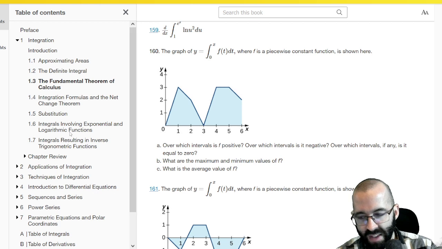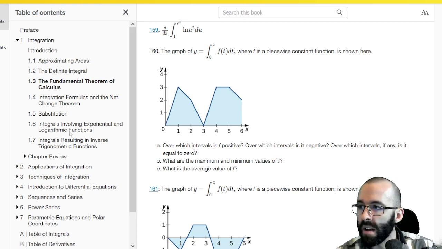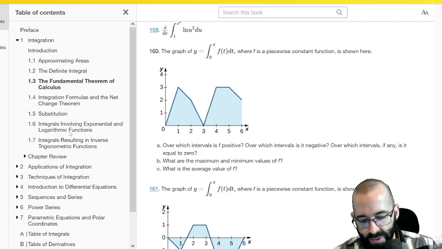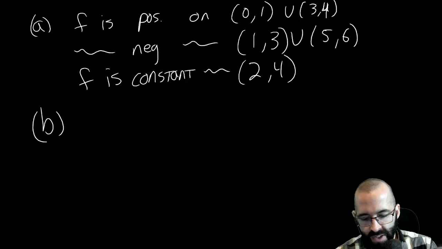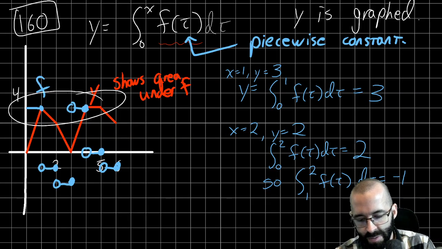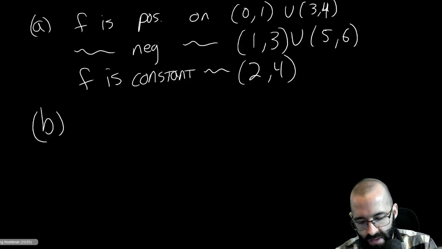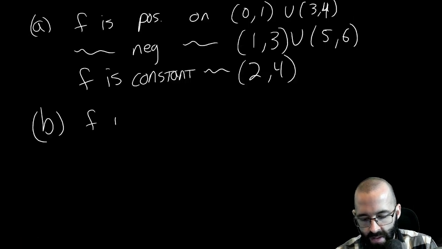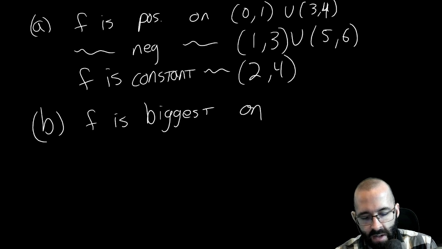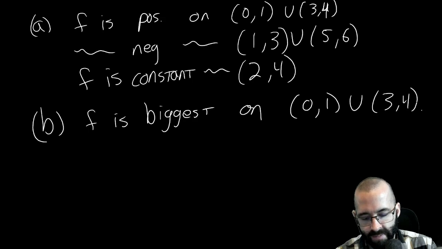But it's not, so we can't. All right, so from 0 to 1 and 3 to 4. And you can see that over here. Yes, it's biggest from 0 to 1 and 3 to 4. f is biggest on 0 to 1 and from 3 to 4.